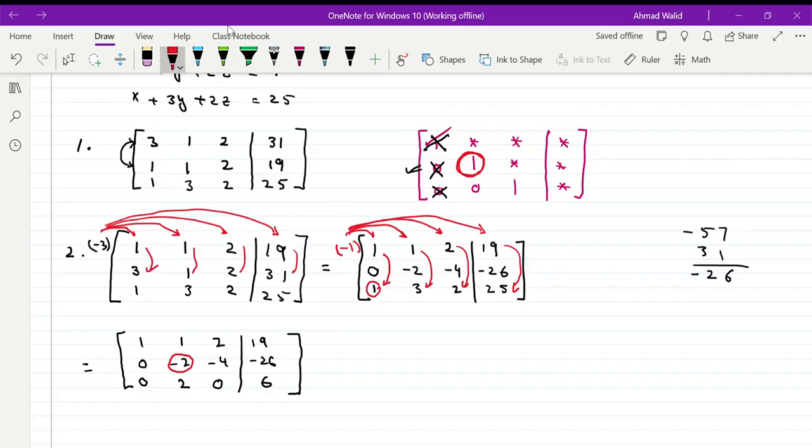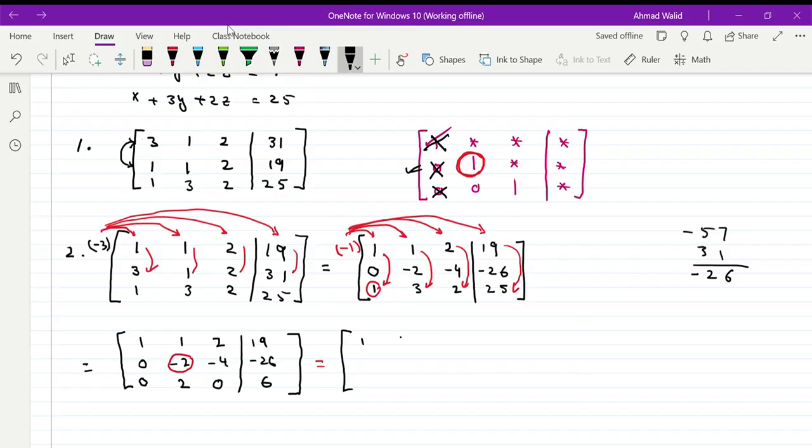And we already learned how to do that. To change it to 1, you divide your row by the same number, by negative 2, right? Whenever you want to change a number to 1, just divide it by itself.